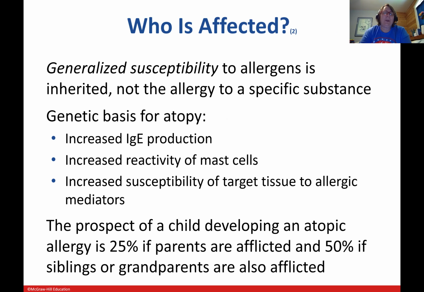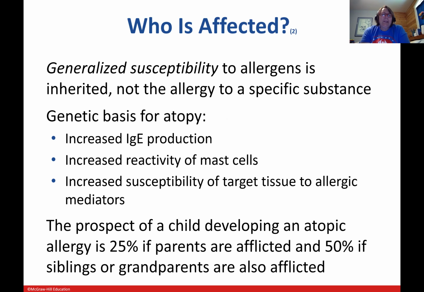You also have increased reactivity of those mast cells, the cells that actually produce those inflammatory cytokines. And you also often have an increased susceptibility of the target tissue. So in the case of asthma, if those bronchioles become hyper-responsive to those inflammatory cytokines, that's when they're going to hyperconstrict and cause that asthma symptom.